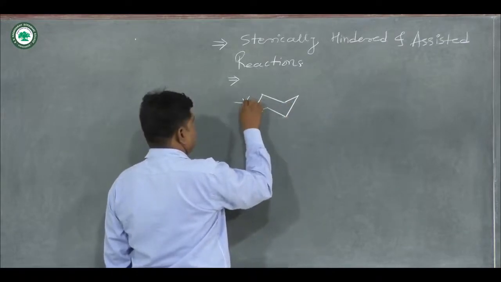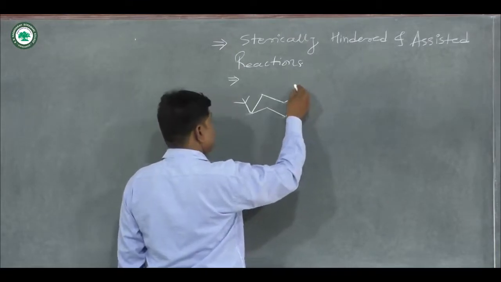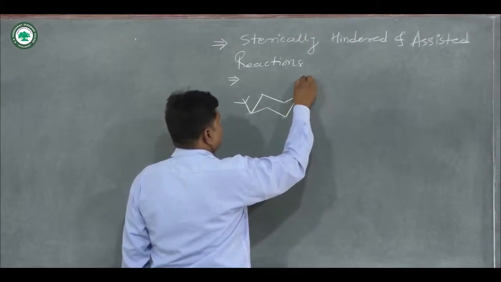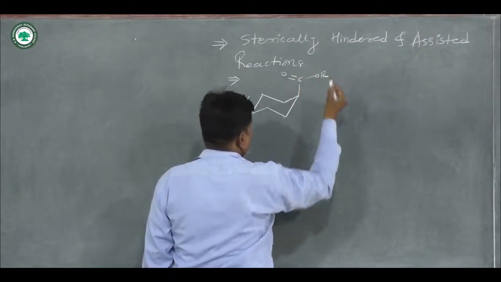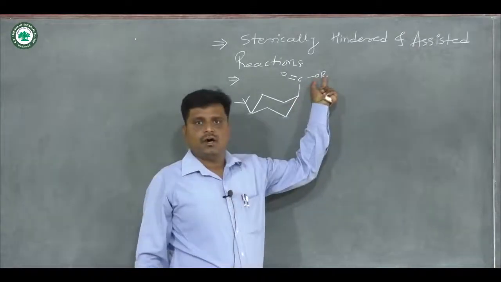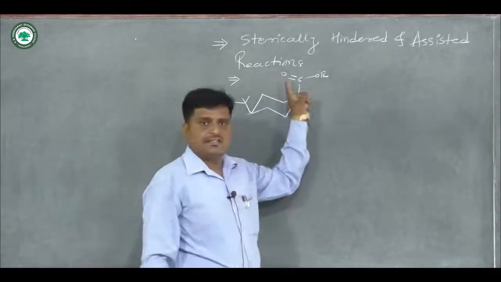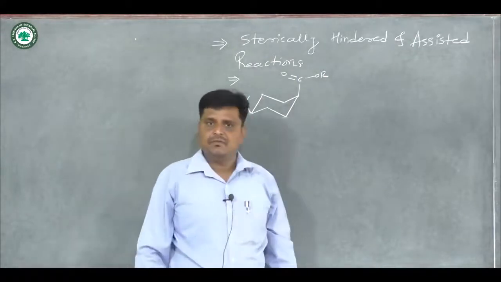Suppose this is a cis isomer, and here this is carbonyl, and here this is OR, meaning this substituent is an ester, and this is a tertiary butyl group.